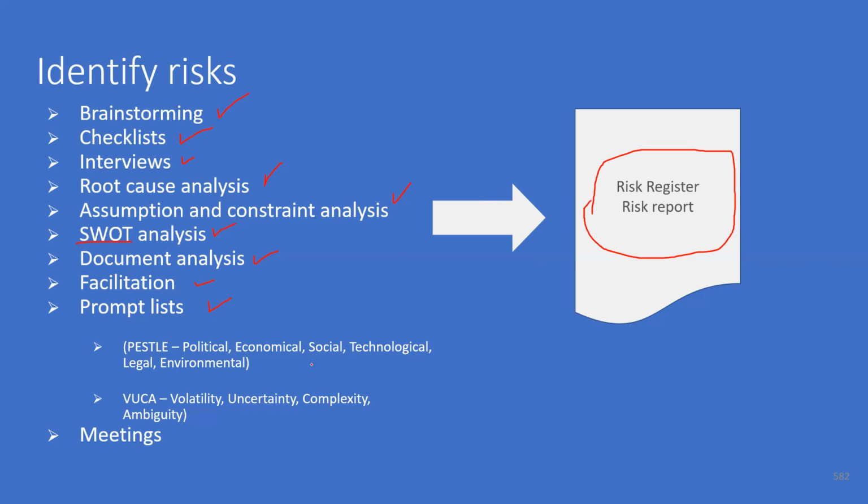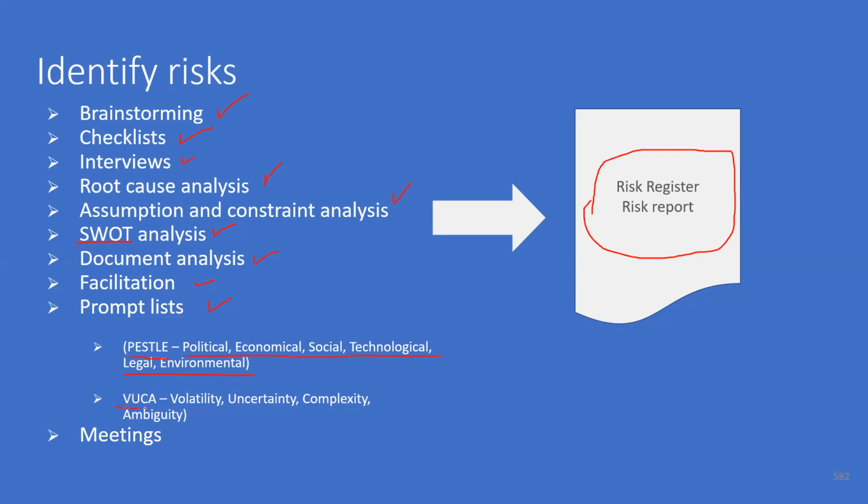And then we have other frameworks to analyze risk. The first one is PESTLE. In PESTLE, P stands for political risk, then economical risk, social risk, technological risk, legal risk, environmental risk. So this is one way to look at the external risk to the project.